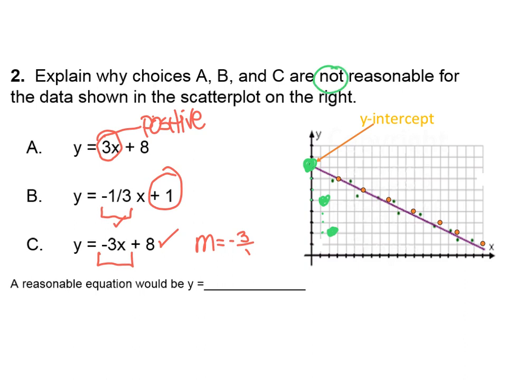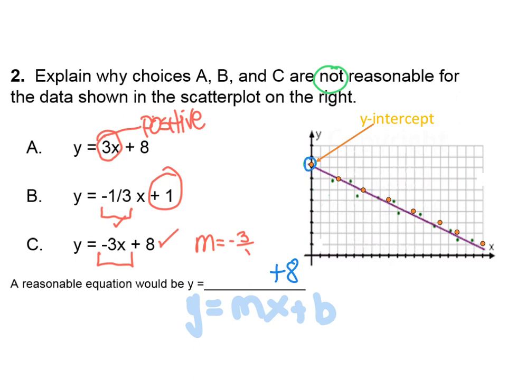Well, let's think of what an equation would be that is reasonable. So I would say that if we're trying to model y equals mx plus b, we can clearly see that b is plus 8. Now we need to figure out what this slope is.